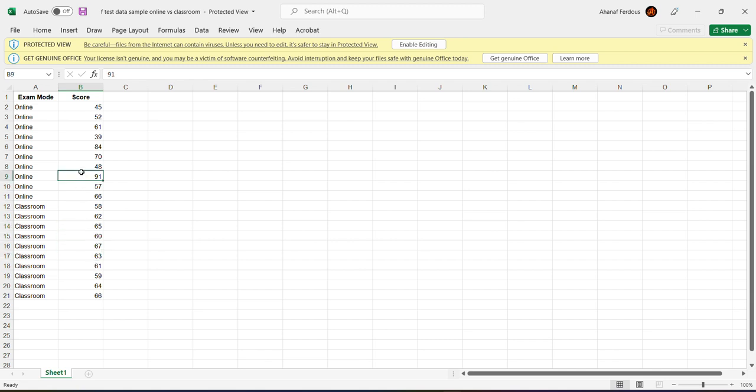But the online classes data is very spread from one another. So as you can see, classroom data is significantly different than the online data. Classroom is more consistent, and this is proved by the F-test.